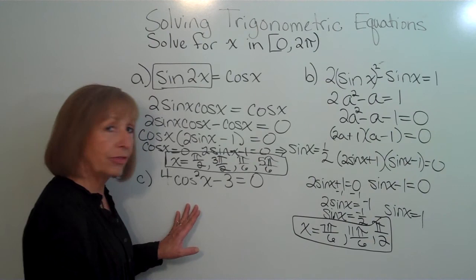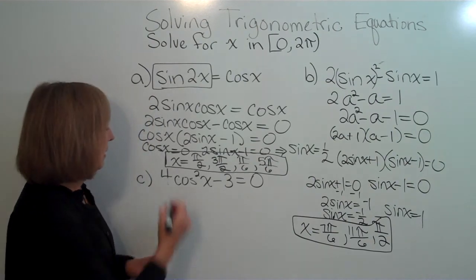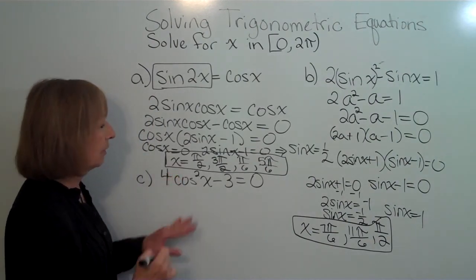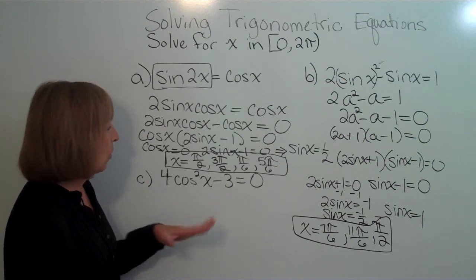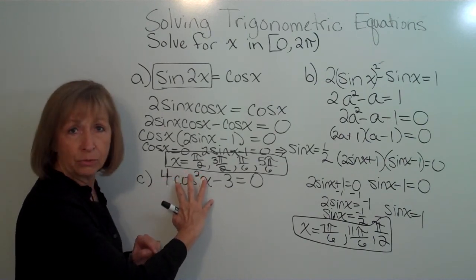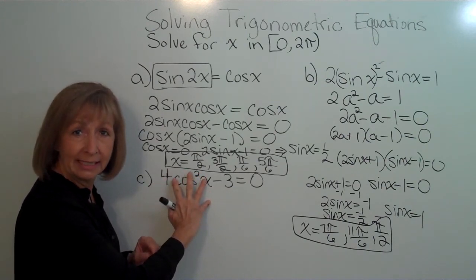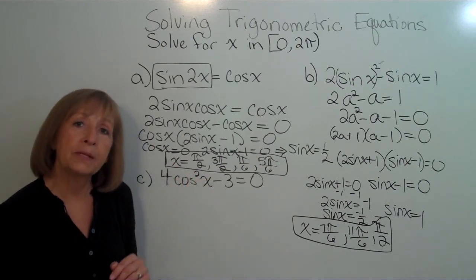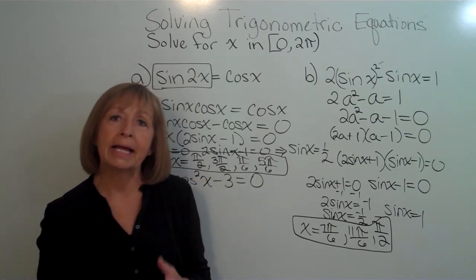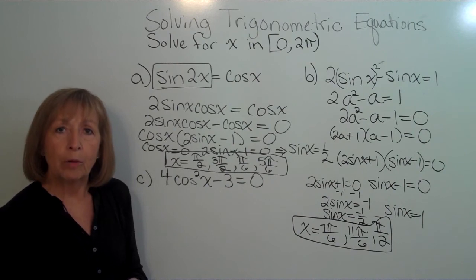Okay, and then our third example for this video is 4 cosine squared x minus 3 equals 0. I just have the cosine squared x term that has the variable in it. So what I could do with this one is solve that quadratic by the square root property.